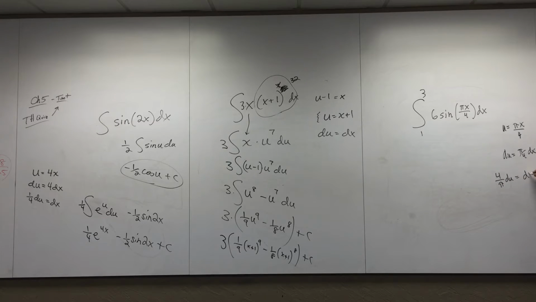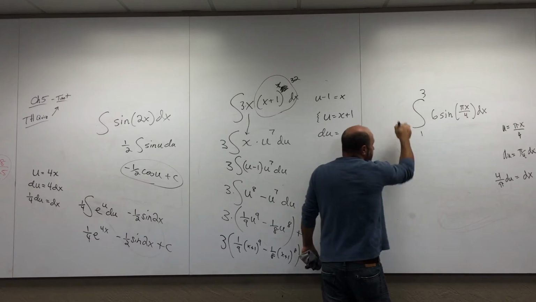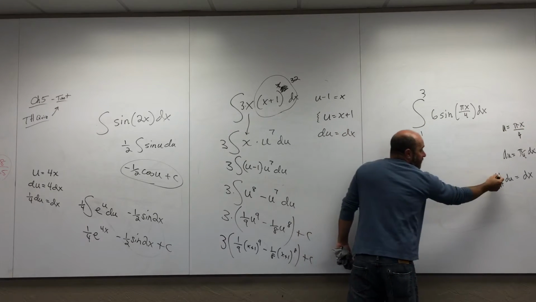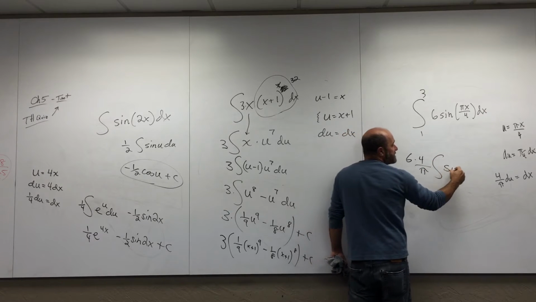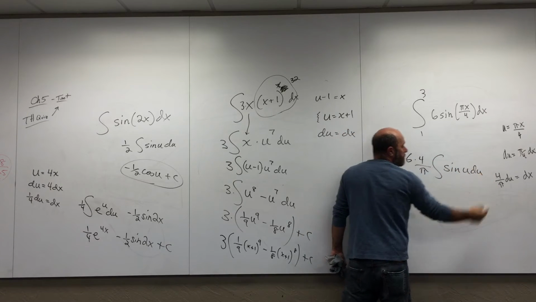It's the same thing, but a little trickier with that pi over 4 number. The 6 comes out, and a 4 over pi comes out, and then I'm left with the sine of u du.